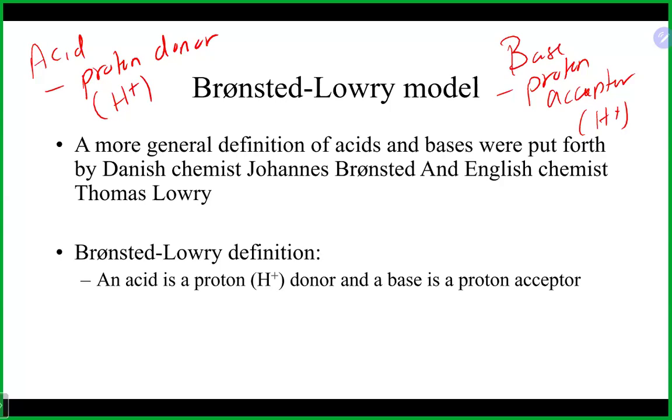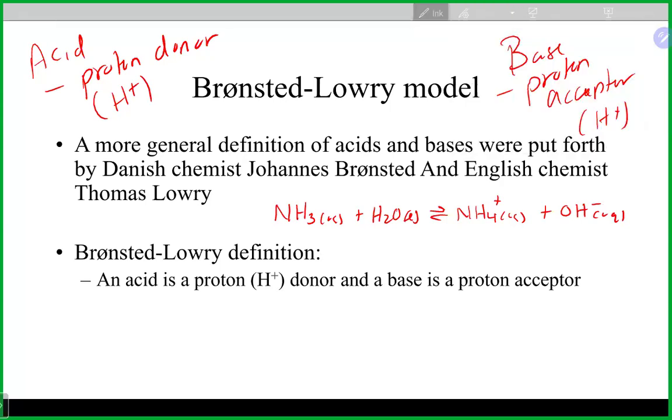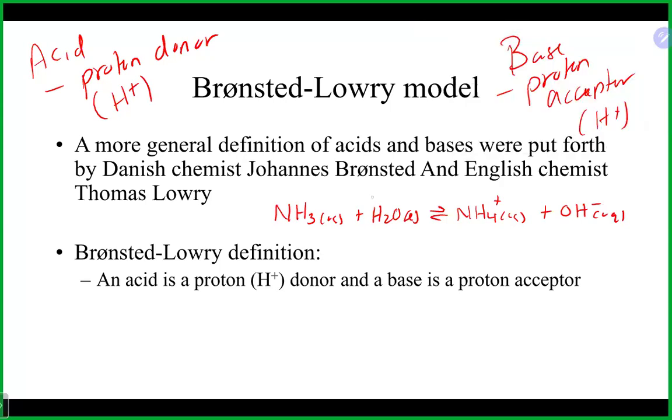Now, if you take a look at the example I just wrote up there on the last slide, which was the NH3 example, we can identify this as our Bronsted Lowry example. Once again, in this situation, we're going to send an H plus over.